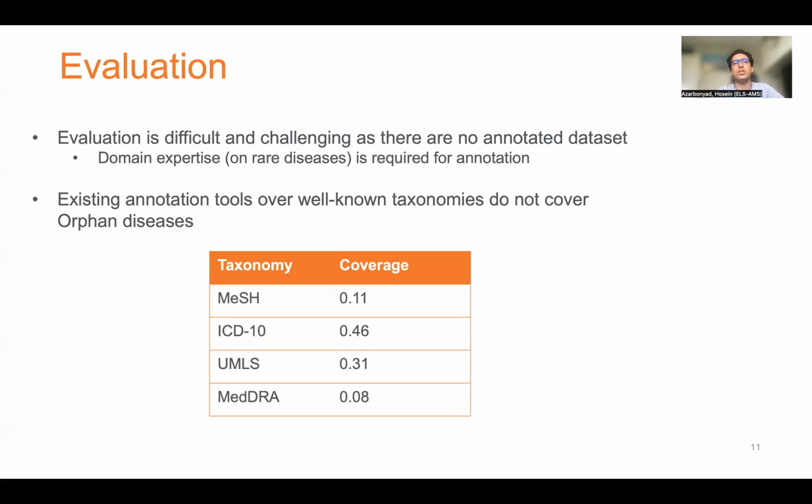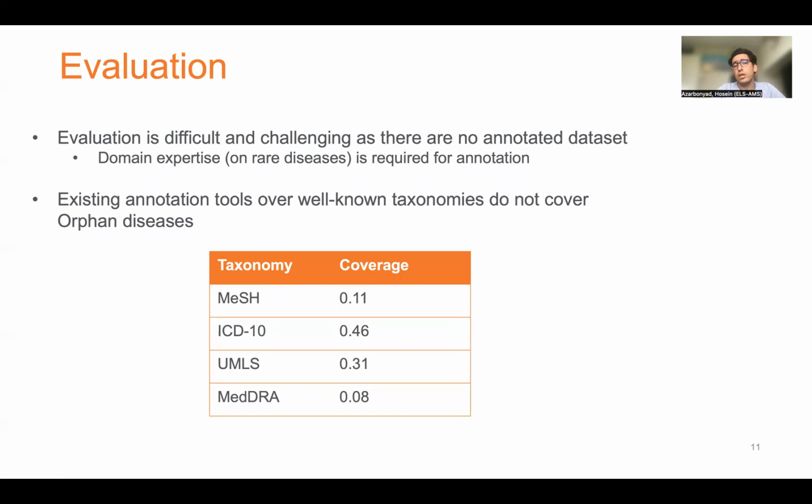So this is our annotation engine, but we would like to see how effective it is. So we want to see how good this approach is in annotating articles with rare disease concepts. Well, the evaluation is particularly difficult for this task because, as I said, there is no annotated data set, and domain expertise on rare diseases is required for annotation, which is really difficult to find.